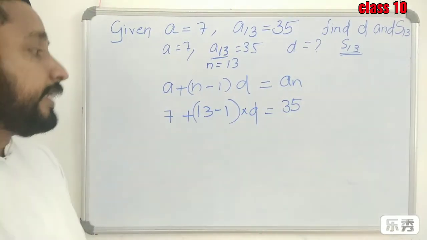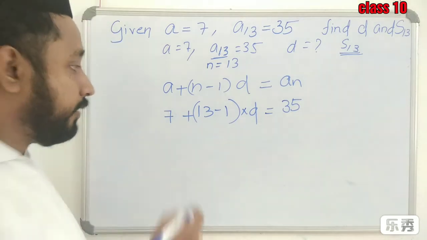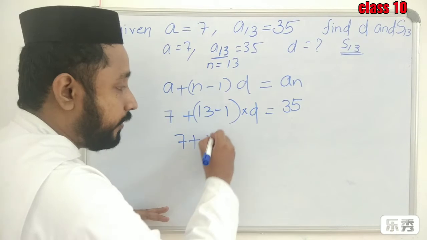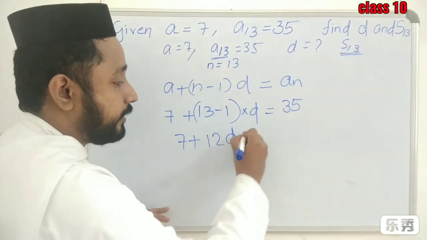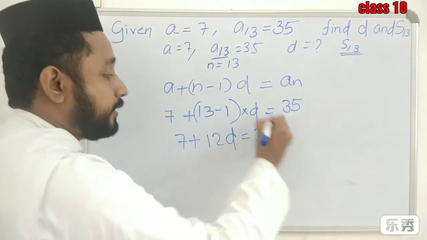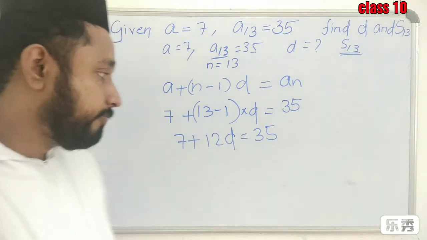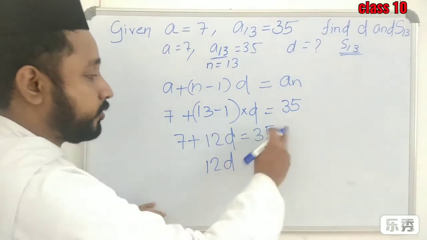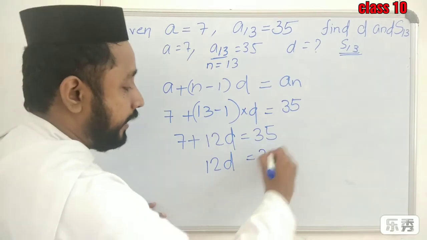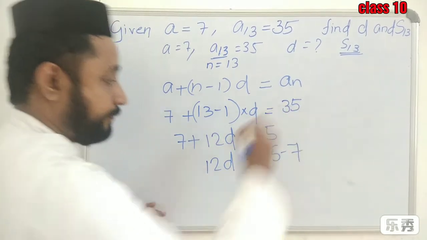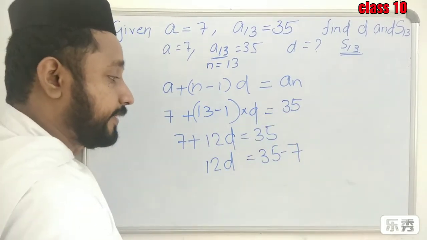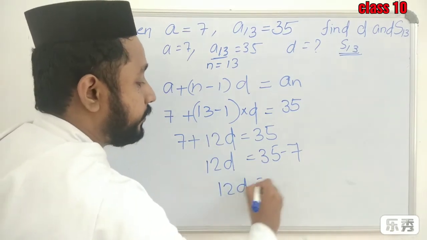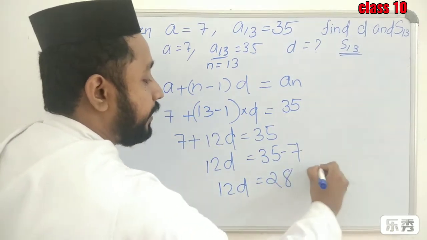So 7 + (13 - 1)d = 35, which means 7 + 12d = 35. Then 7 goes to the RHS and becomes minus 7, so 12d = 35 - 7. Therefore 12d = 28.